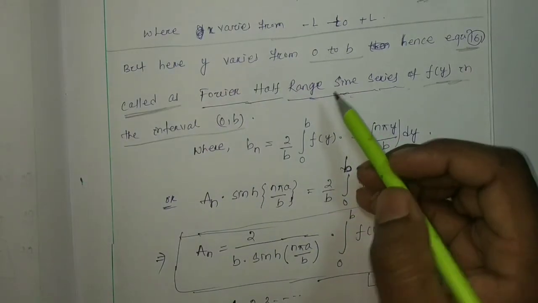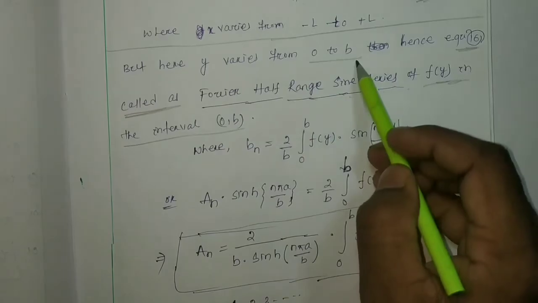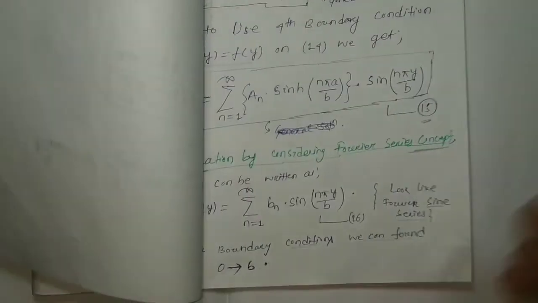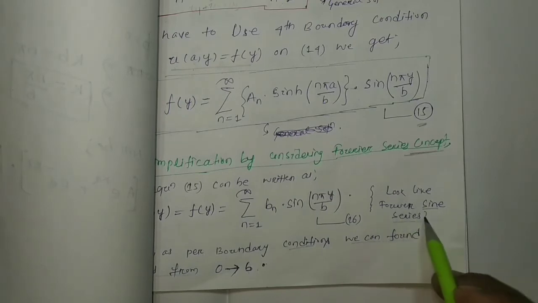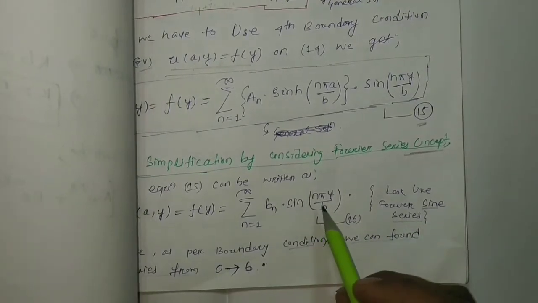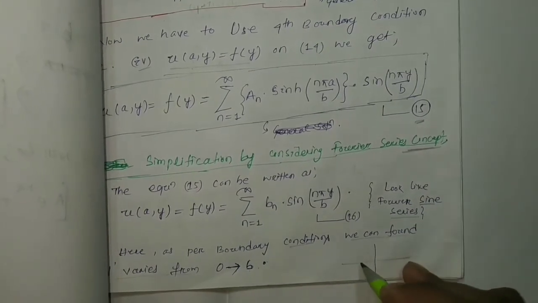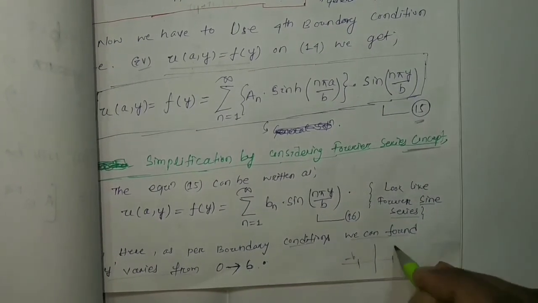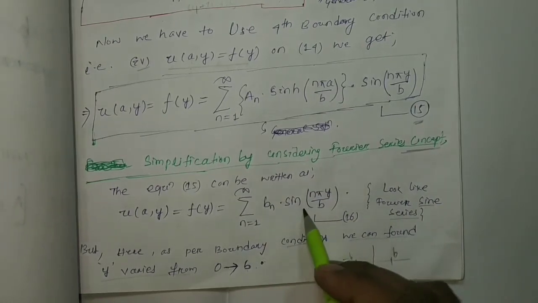If y varied from minus b to b, then equation number 16 would be called the Fourier sine series.